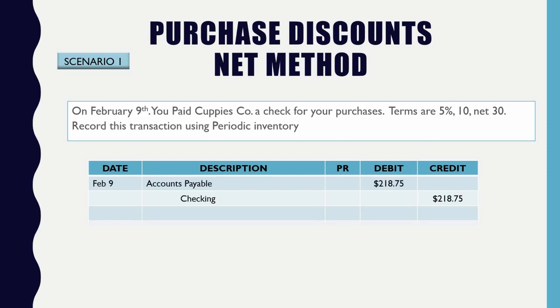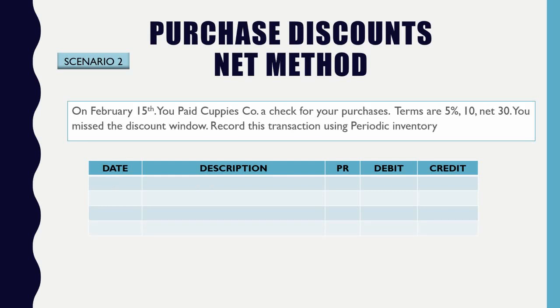What did we originally state that we owe this vendor? $218.75, but because they paid later, on the 15th versus within the 10 days, they have to go back to paying full price. Right, but in my books, I've already recorded it at the discounted price. You're going to have to add back that $6.25. You're going to have to put that 5% back.